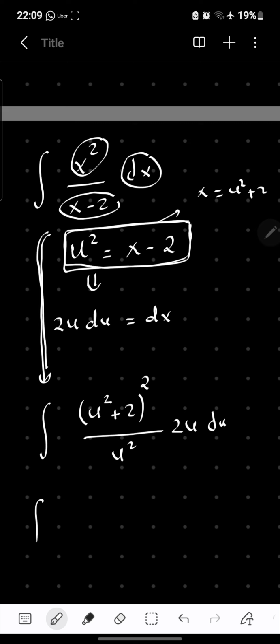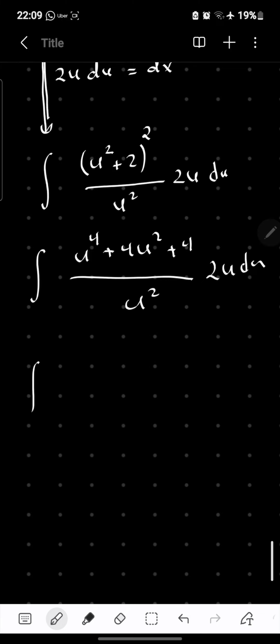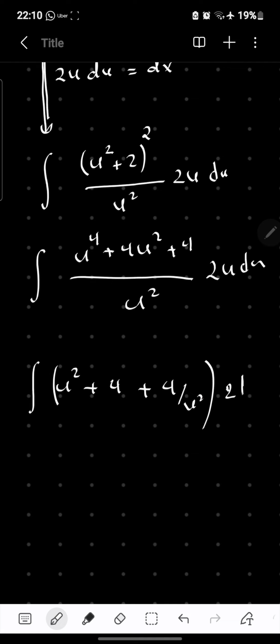Now this bracket will be u^4 plus 4u^2 plus 4 over u, times 2u du. Now we can distribute: u^4 over u^2 will be u^2, plus 4u^2 over u^2, it will be 4, plus 4 over u^2, all this with respect to u, du.